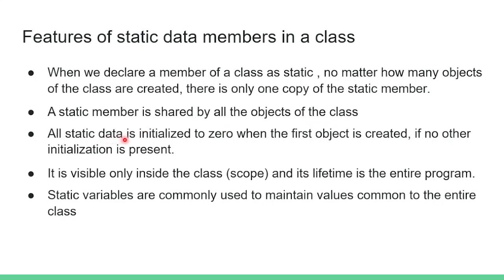All static data is initialized to 0 when the first object is created if no other initialization is present. It is visible only inside the class scope, and its lifetime is the entire program. Static variables are commonly used to maintain values common to the entire class.